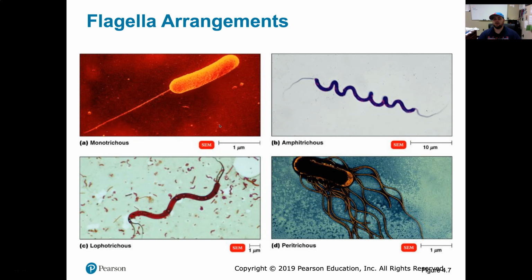So this is what I was talking about with arrangements. You have what we call monotrichous, one flagella on one end of the cell. You can have amphitrichous, where you have flagella on both ends. Lophotrichous, this is what we call a tuft of flagella. Think of a mop, essentially.